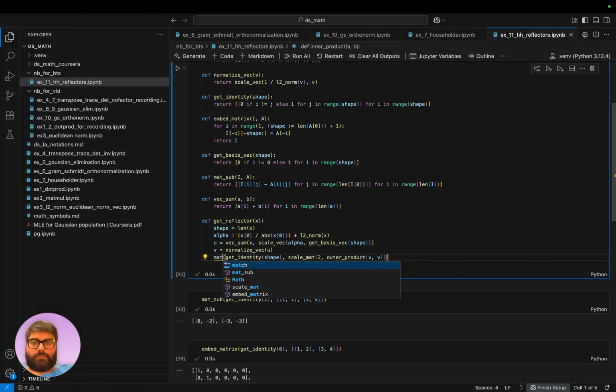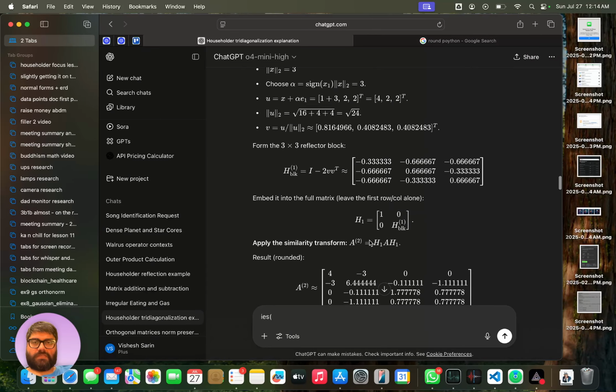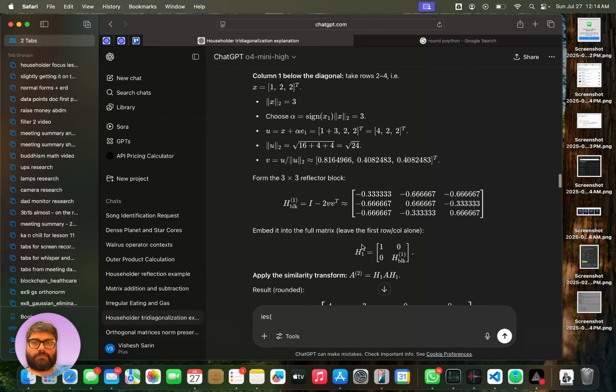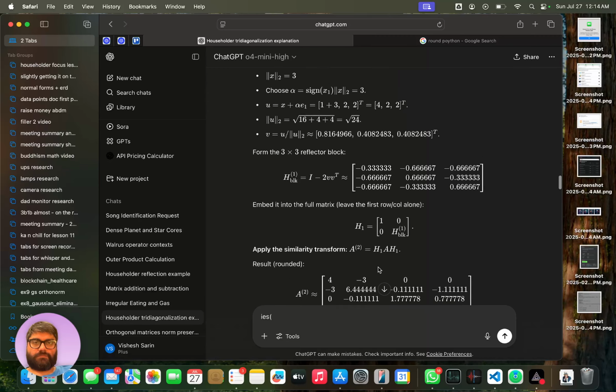I'm doing mat sub. Oh, why did I do that? It's a function. And that's the end of the reflector block. The rest is the embedding and then this.